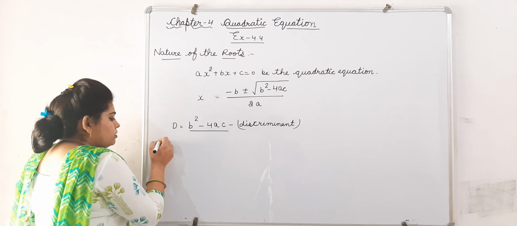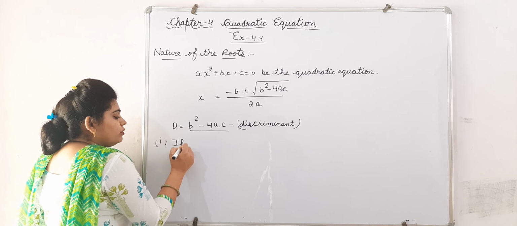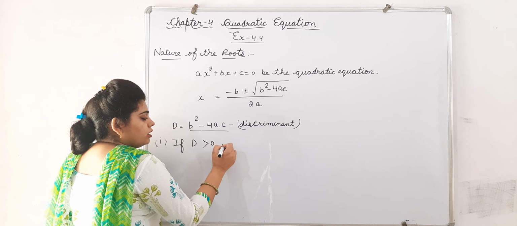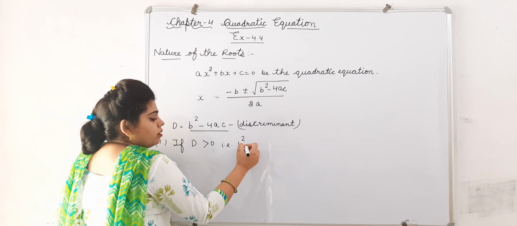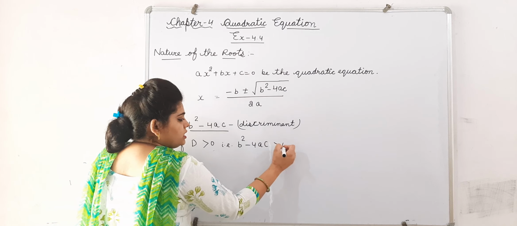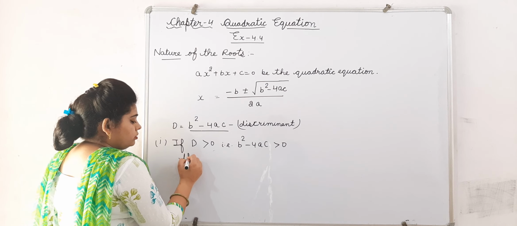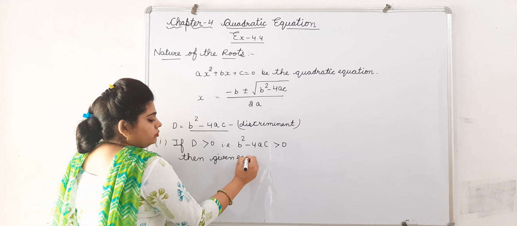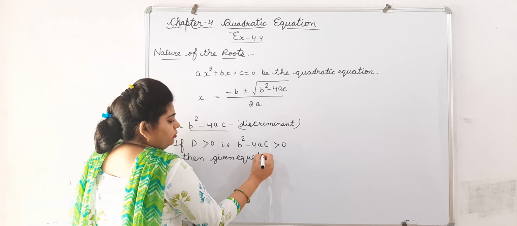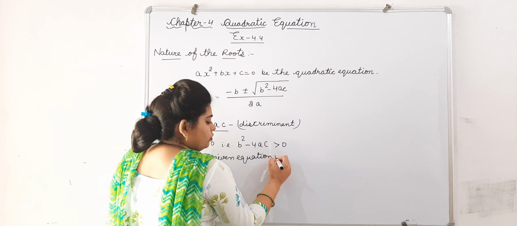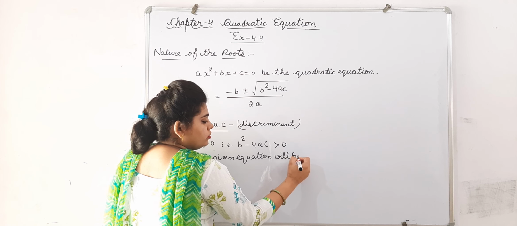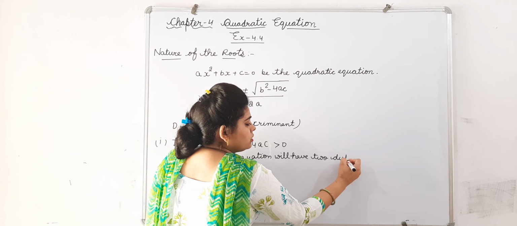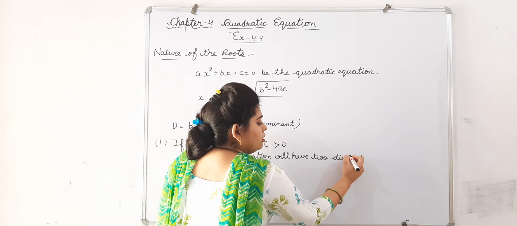There are three cases. First, if D is greater than 0, that is b square minus 4ac greater than 0, then the given equation will have two distinct real roots.